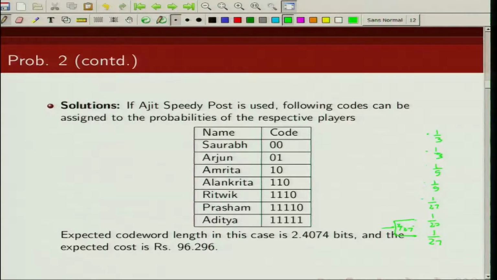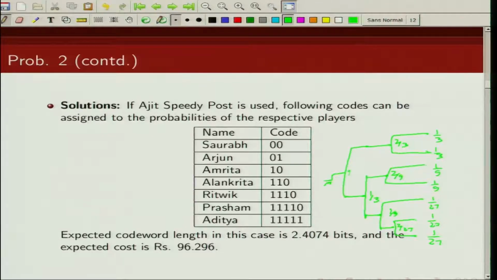Then next we need to combine these two nodes. We'll get 1 by 9. We can combine, let's say, these two nodes, which will be 2 by 9. Then we can combine these two nodes, which gives us 1 by 3, and we can combine these two nodes, which will be 2 by 3. And finally we get this.